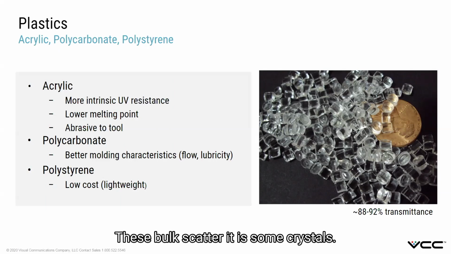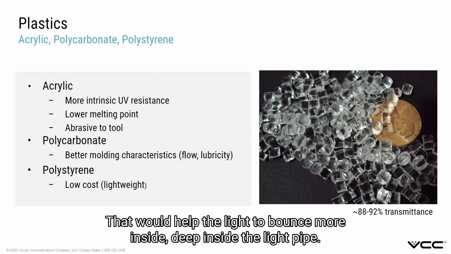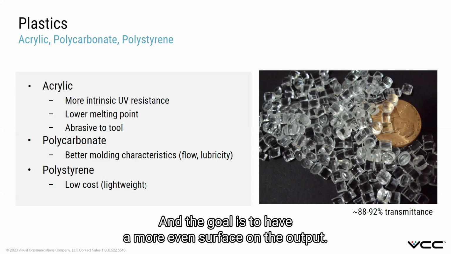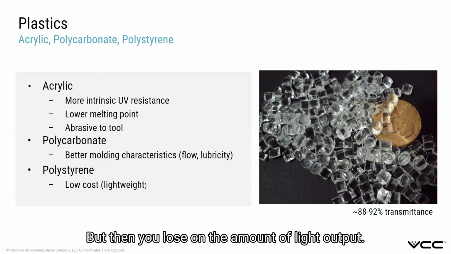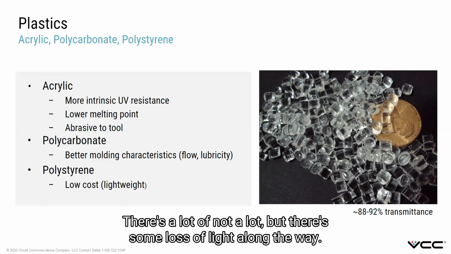Bulk scatter helps the light bounce more inside the light pipe, and the goal is a more even surface on the output. That's what you gain, but you lose some amount of light output, since there's some loss of light along the way.